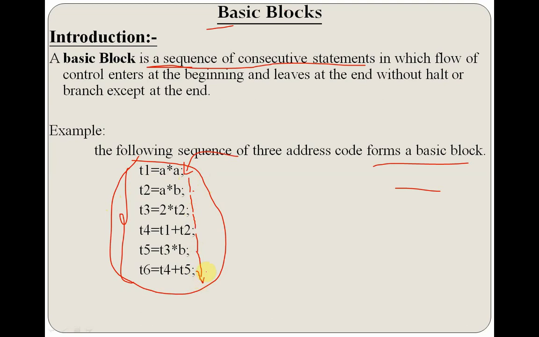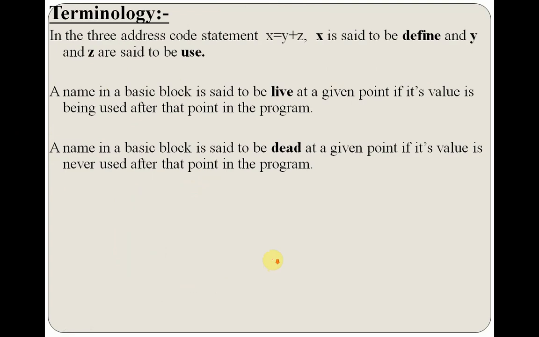So it satisfies the definition in which the flow of control enters at the beginning and leaves at the end without halt or branch. Here the control enters here and leaves here. So this forms a basic block.